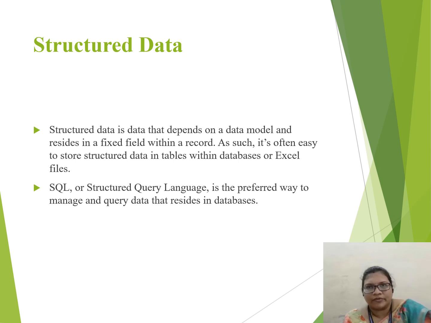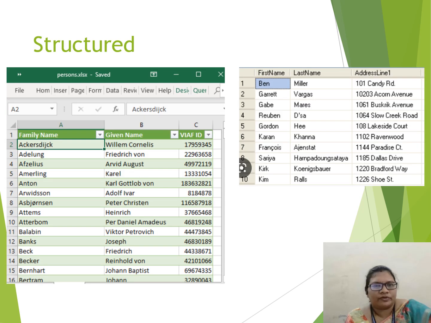For example, if a table is there, we store the students' information in that table. It is a fixed field where the students' registration number, students' name, everything can be stored. The best example for structured data is structured query language, the best databases for structured data. Here you can see first name, last name, and address stored in an Excel sheet.